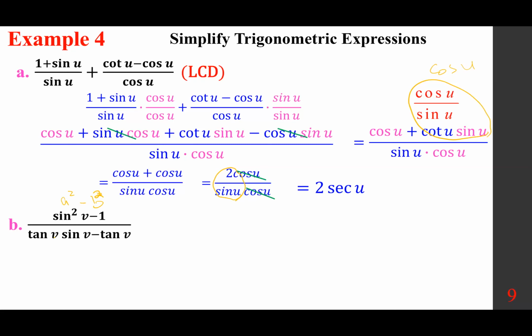The denominator, tan v is factored out, we end up with sine v minus 1. We can cancel out the common factor of sine v minus 1. And we write what's left. Sine v plus 1 over tan v.